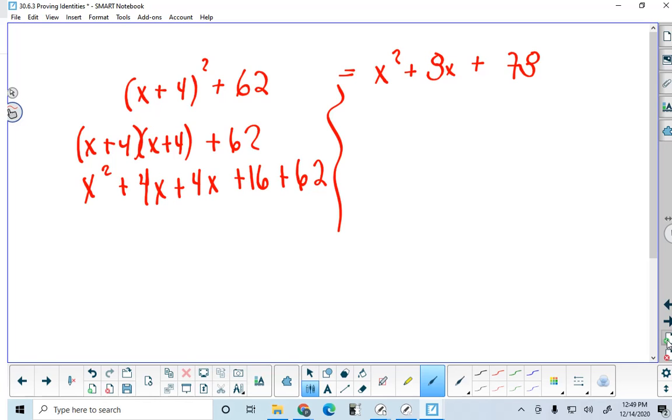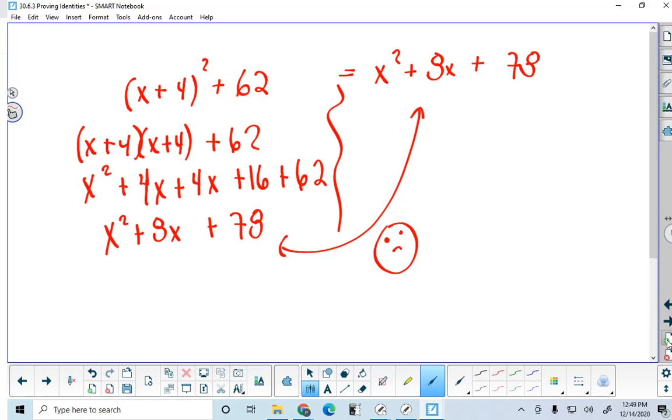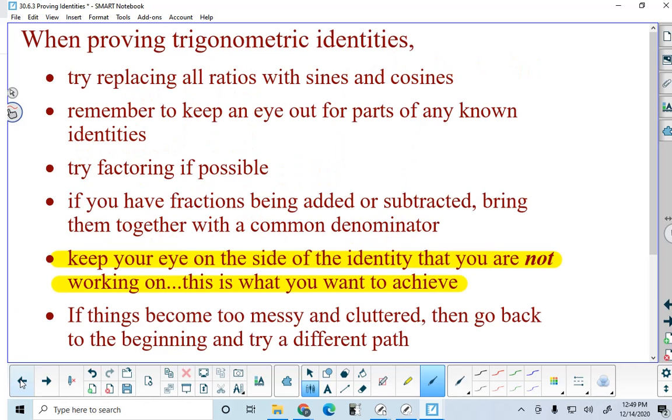And if you simplify that, you get x squared plus 8x plus 78. And you discover they're equal. So we proved it by taking the left side and turning it into the right side. And if you take a look at this extra thing I've highlighted, when we're actually going to be proving trig identities, that's what I'm referring to.